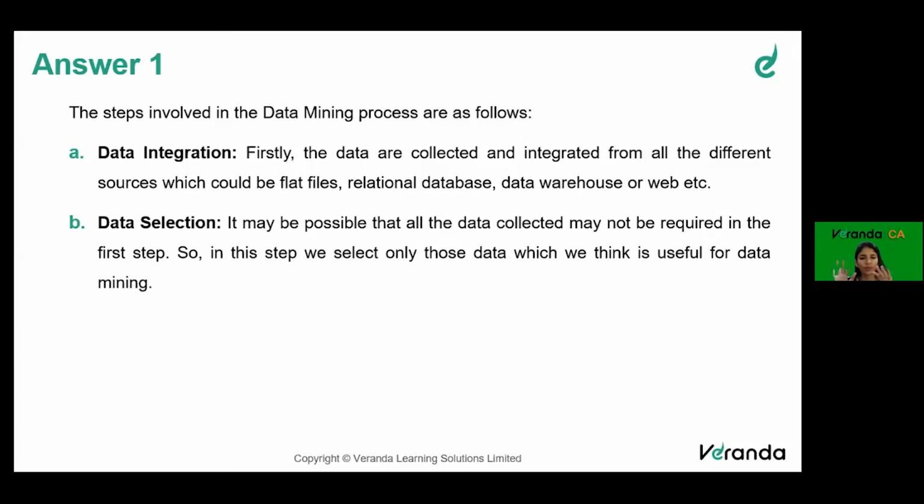Mansi does not want that information because her teacher has not asked her for it. So she is going to select the required data. So let's read under that. It may be possible that all the data collected may not be required in the first step. So in this step, we select only those data which we think is useful for data mining.